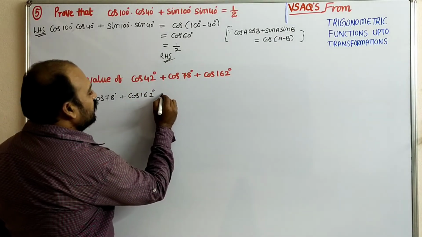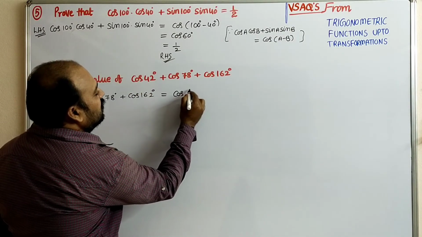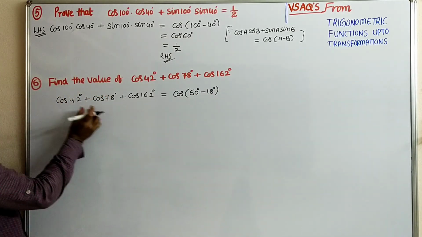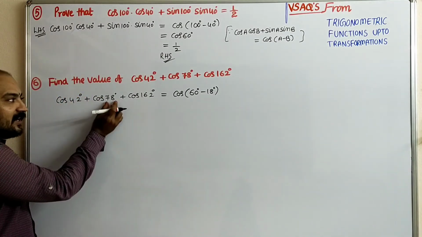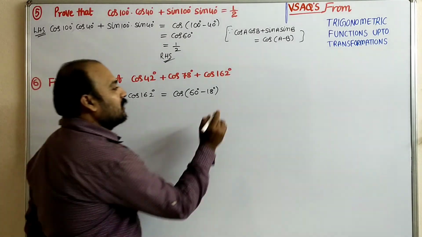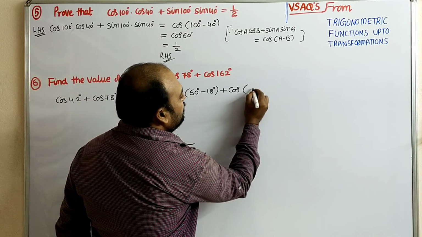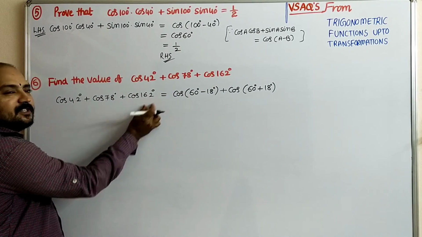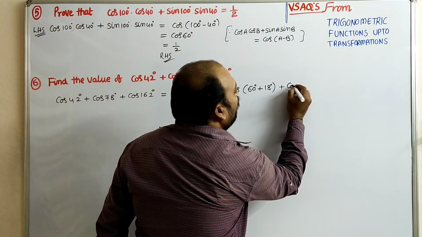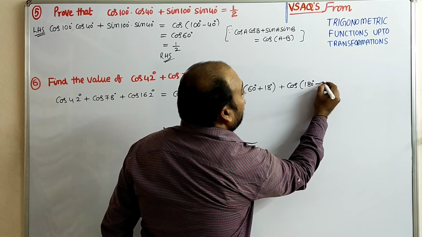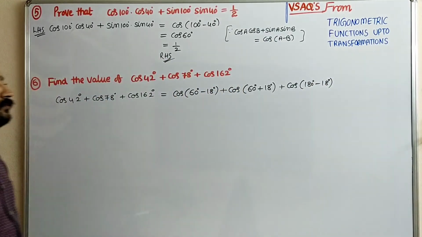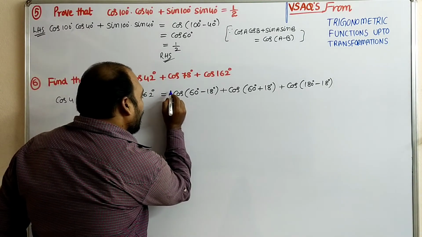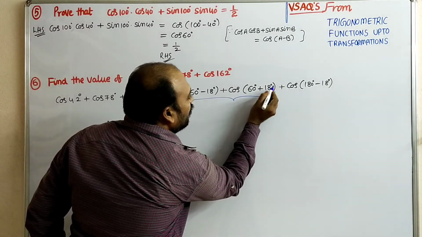First, cos 42 can be written as cos of 60 minus 18. Cos 78 can be written as cos of 60 plus 18. Cos 162 can be written as cos of 180 minus 18. For the first two, you can apply a formula.